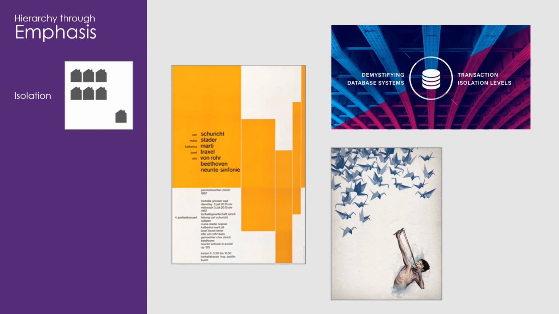Okay, and then on the main part of the slide, you have much more beautiful and much more interesting compositions that are also using the same principle. Okay, so the first one is emphasis through isolation. The thing that is separated from the group is going to get the attention.